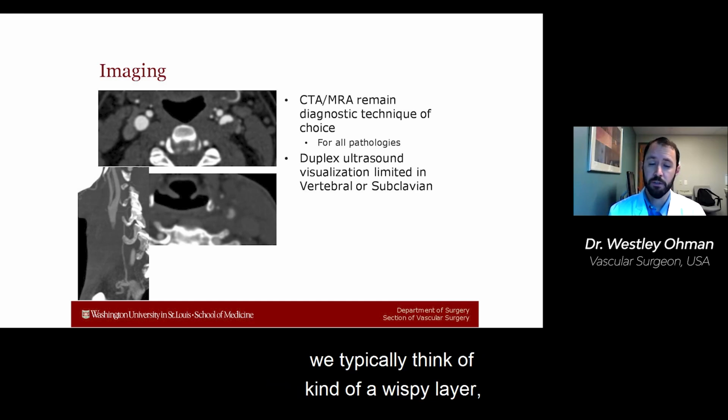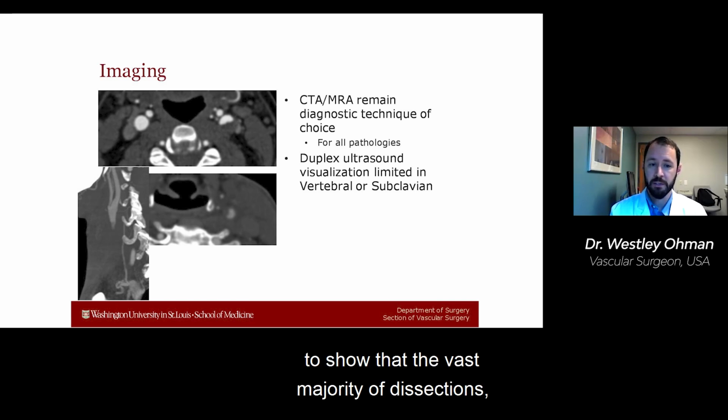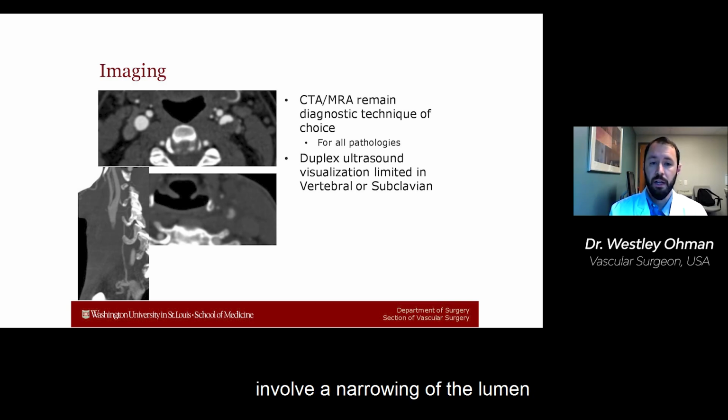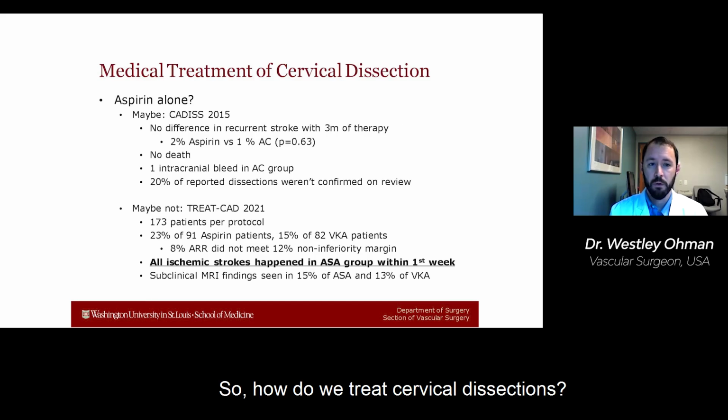When we think of dissections, we typically think of a wispy layer, and I've included these images to show that the vast majority of dissections, at least what we're seeing in St. Louis, involve a narrowing of the lumen without any overt atherosclerotic disease. And so you have to really have a high index of suspicion for diagnosis and ultimately management of these conditions. So how do we treat cervical dissections?